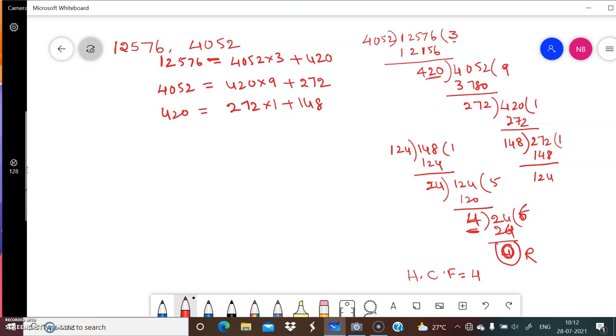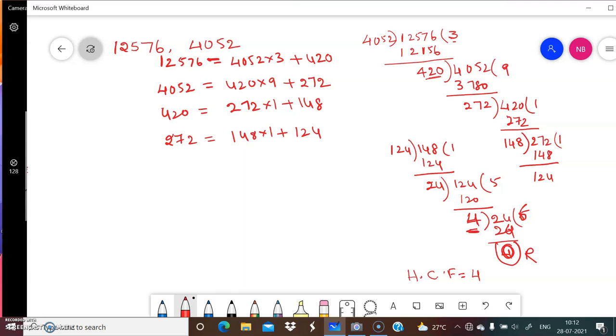Like that, by observing this division on the right hand side, you can write the steps of this division lemma. And 420 is 272 into 1 plus 148. Our next is 272 is equal to 148 into 1 plus this 124. From this I am writing that one.